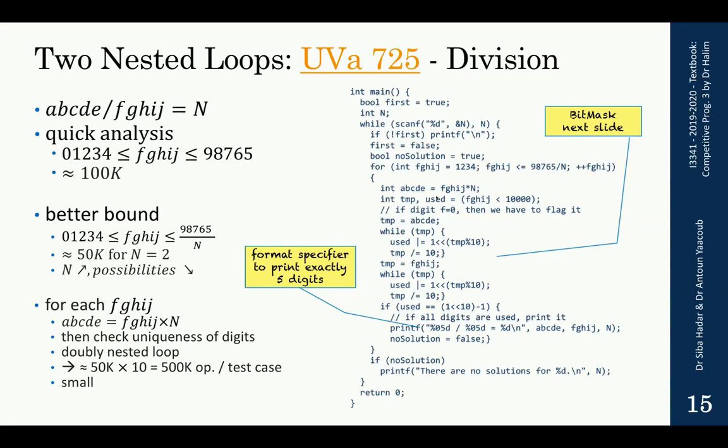So we take FGHIJ and we say if it is less than 10,000, then the first digit is 0, so it is used. The digit 0 is used, so I say used equals 1 if this condition is true and 0 if this condition is false. So we begin our bit mask by setting the least significant bit to 0 or 1, and the rest of course is 0.